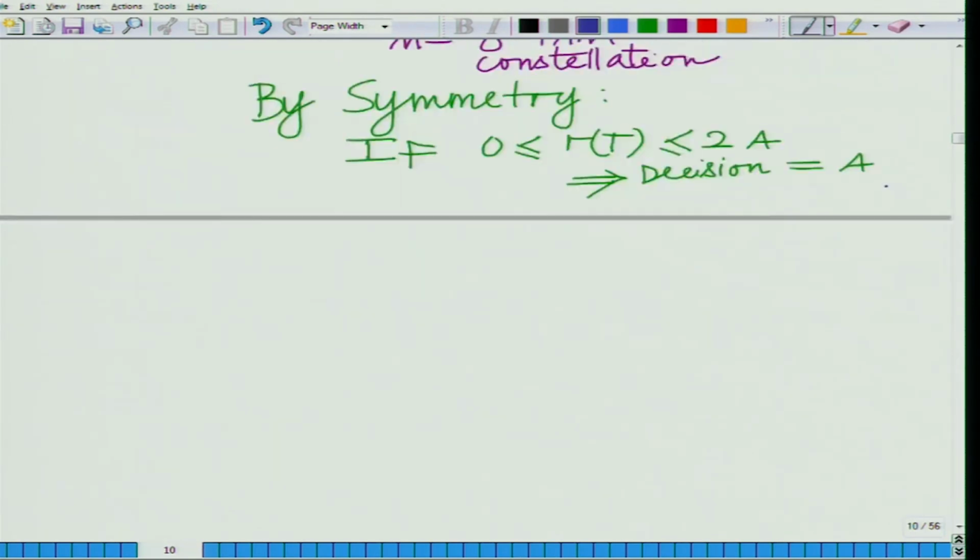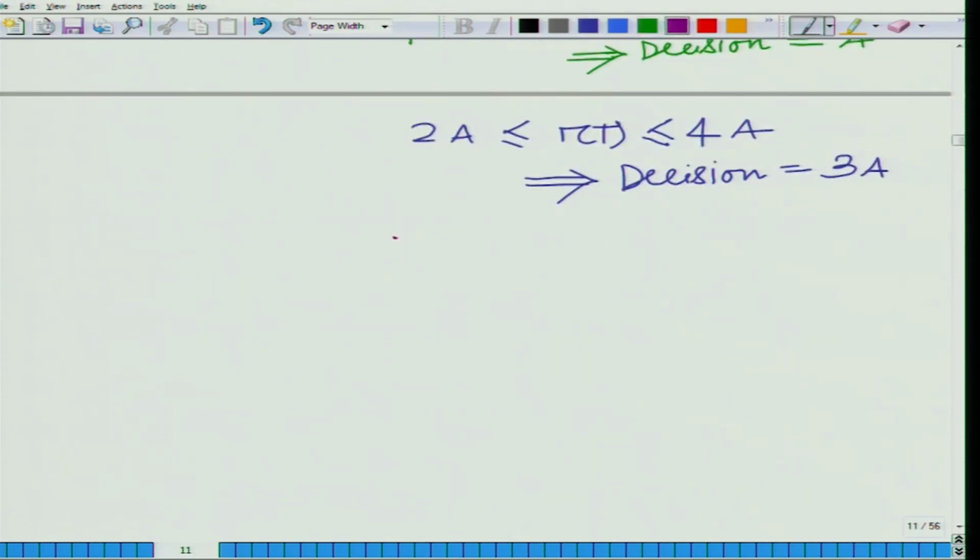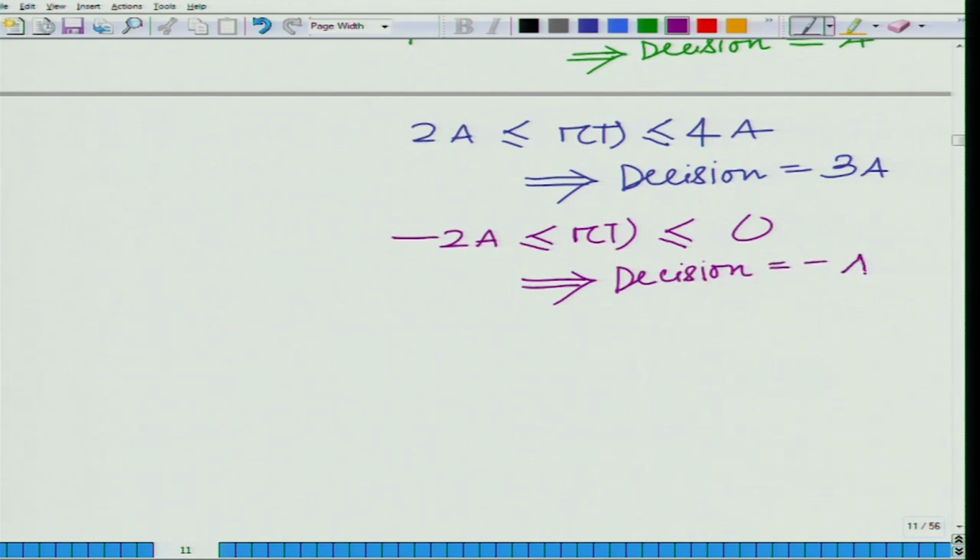So, if 2A less than or equal to RT less than or equal to 4A implies decision equals 3A. Similarly, for the negative side, again it is symmetric. So, minus 2A less than or equal to RT less than or equal to 0 implies decision equals minus A, and so on and so forth. So, one can proceed by symmetry. I think this is complete.